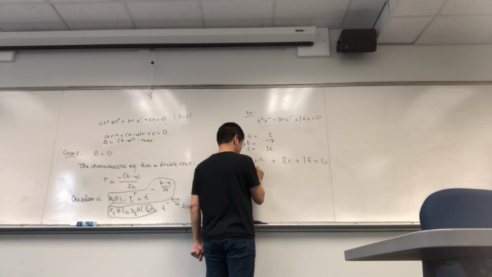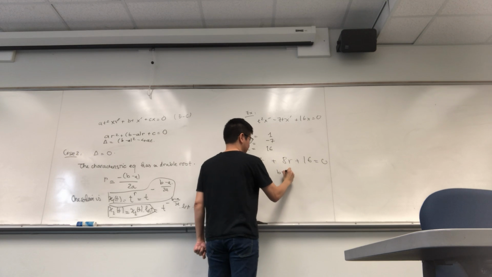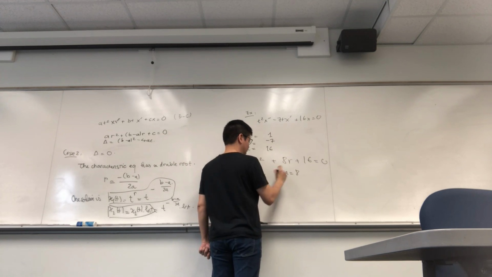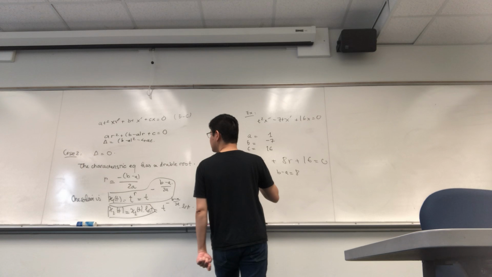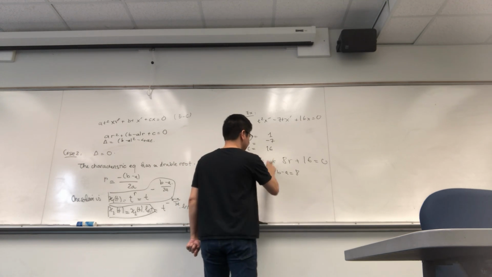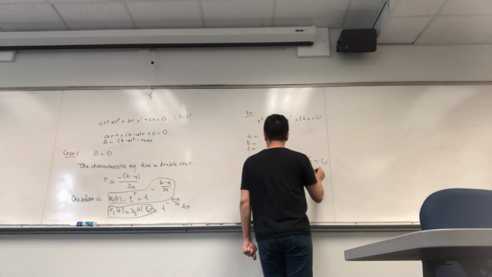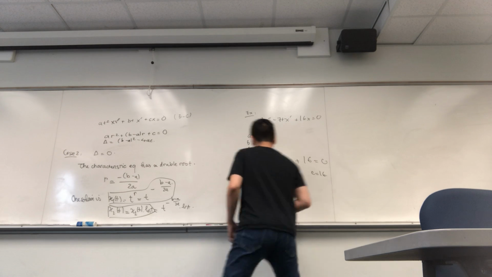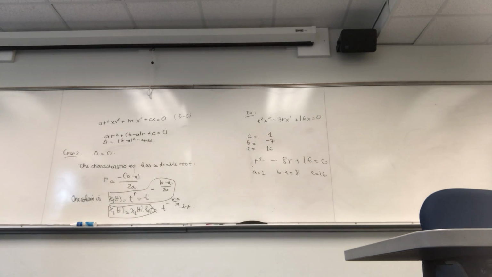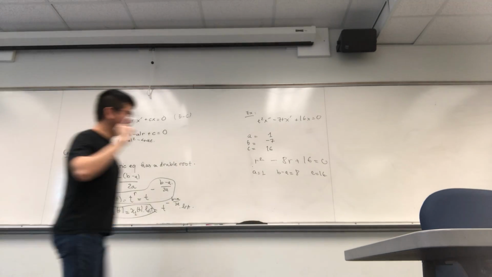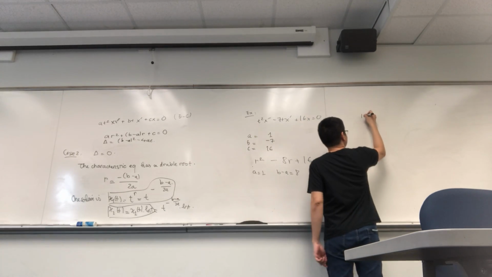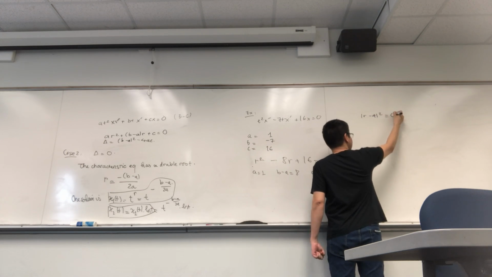Right, so this is a is 1, b minus a is minus 8, and this is c 16. Right, so what is the double root of this equation? 4. So this equation is (r minus 4) squared is 0, right?